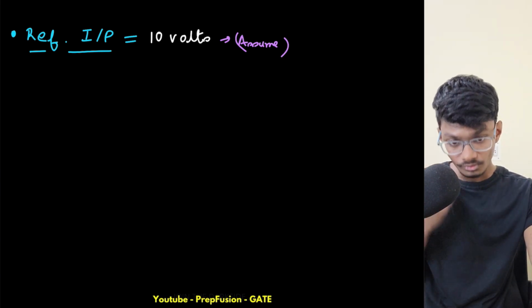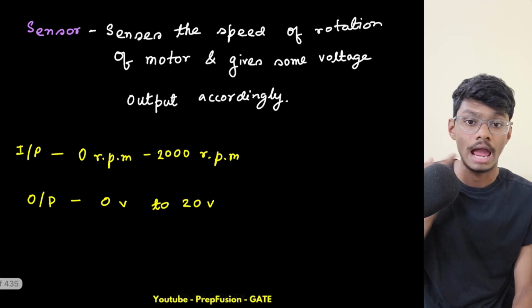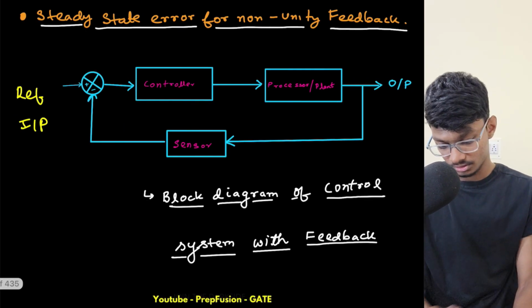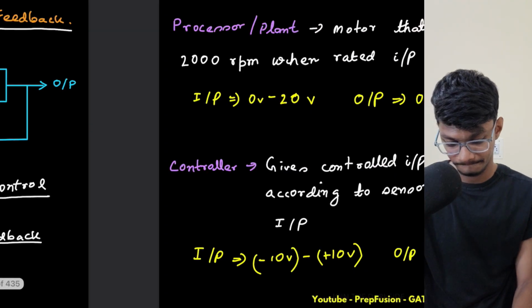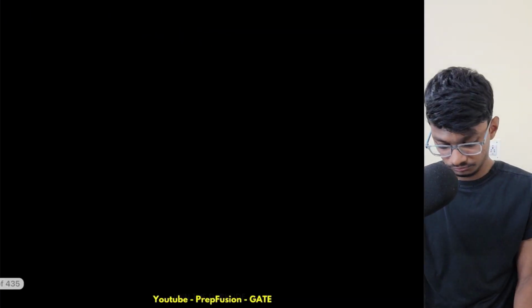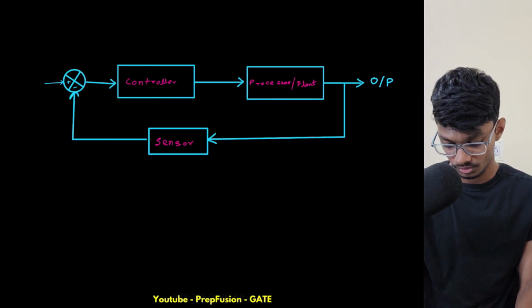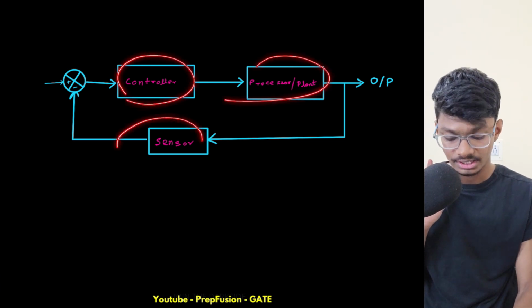Okay. So now I will explain what is actually happening when I start the system. Here I will just copy this block diagram. Now I will assume that everything here is ideal.